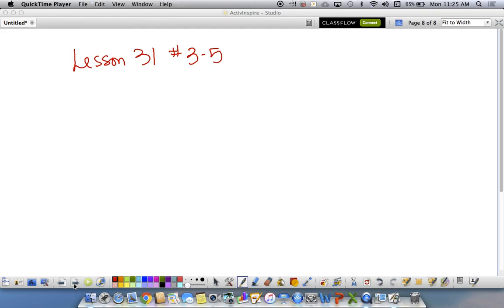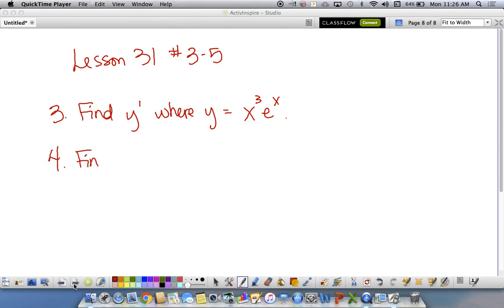Okay? If you don't have your book yet, I'll go ahead and give you what those problems look like. Number 3 says, find y prime where y equals x cubed e to the x. Number 4 says find dy/dx where y equals negative 3t cosine t. We can use different variables, and you know what I forgot?